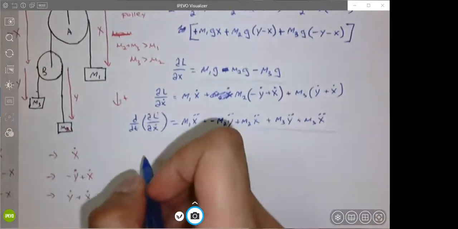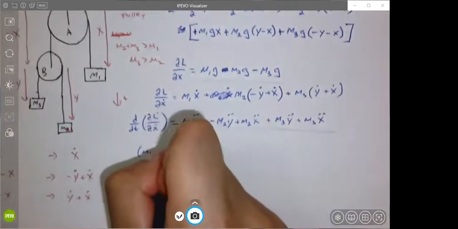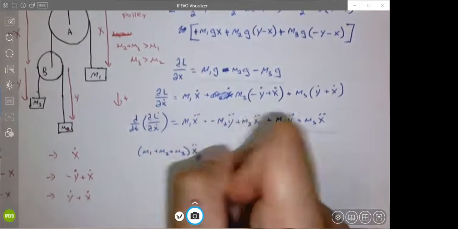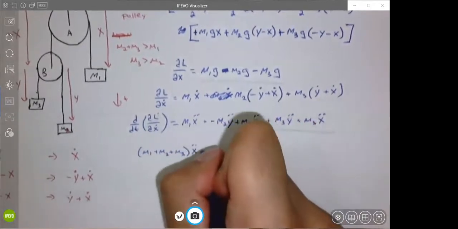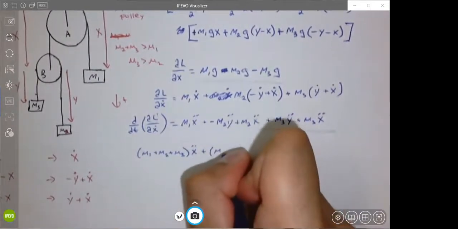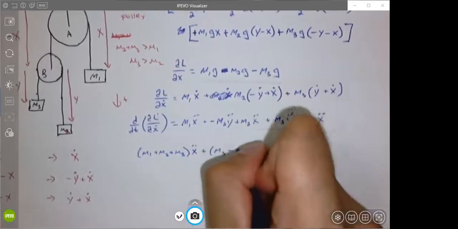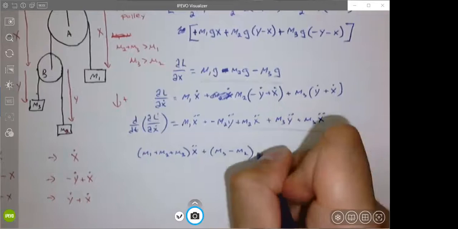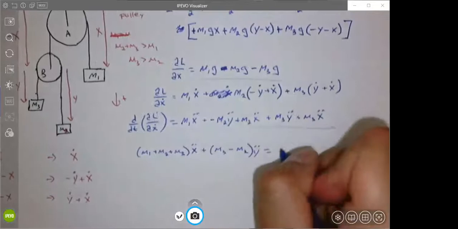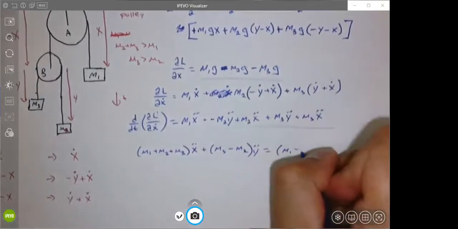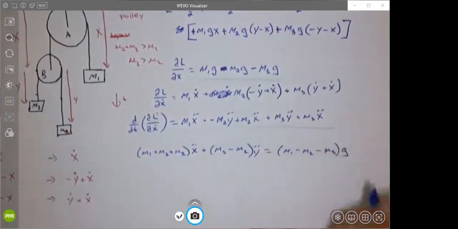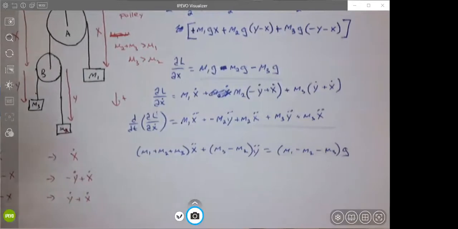And we're going to end up with m1 plus m2 plus m3 x double dot plus m3 minus m2 y double dot, and it's going to equal this value right here, which is m1 minus m2 minus m3 multiplied by g. And this is our first equation.